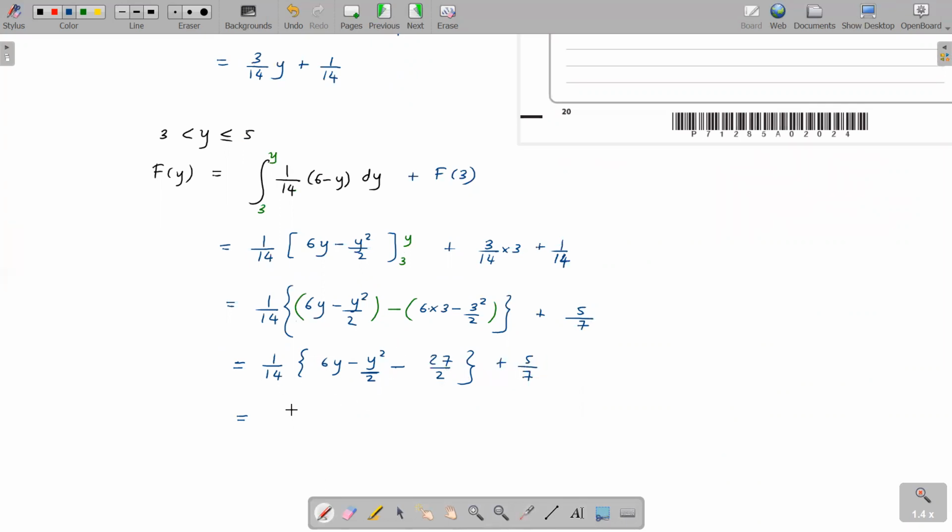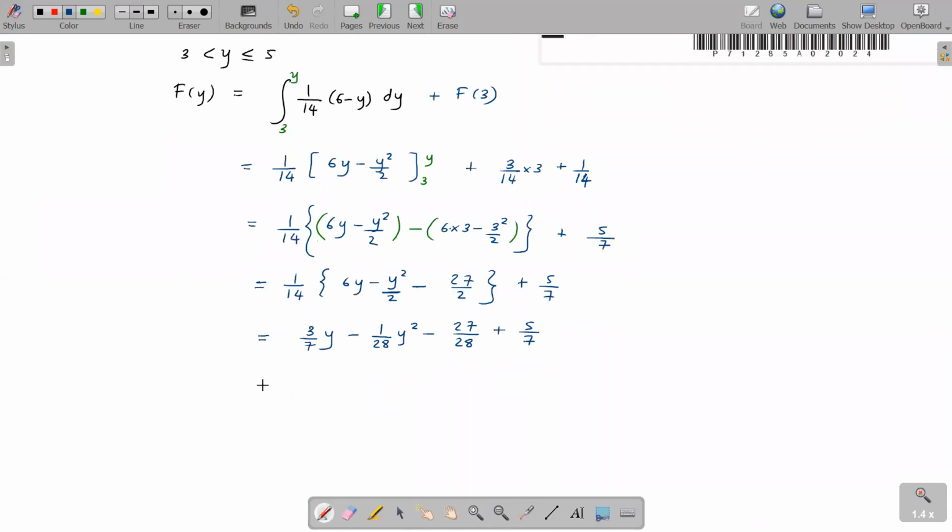1 over 14 into 6 is 3 over 7y, minus 1 over 14 into minus half y square is 1 over 28y square. 1 over 14 into minus 27 over 2 is 27 over 28, plus there's a 5 over 7. We need to further simplify.